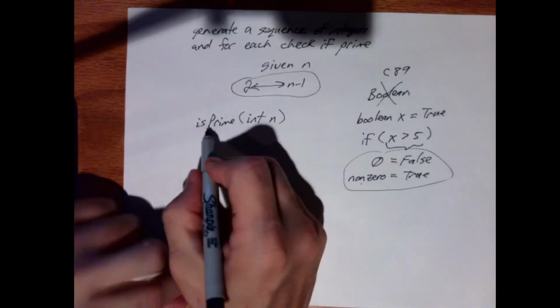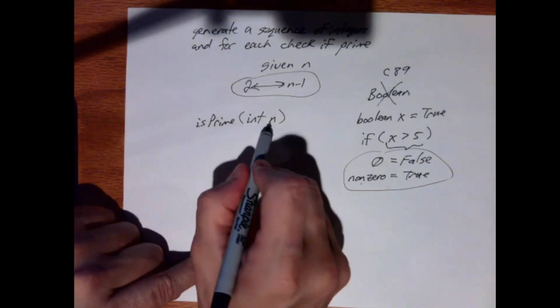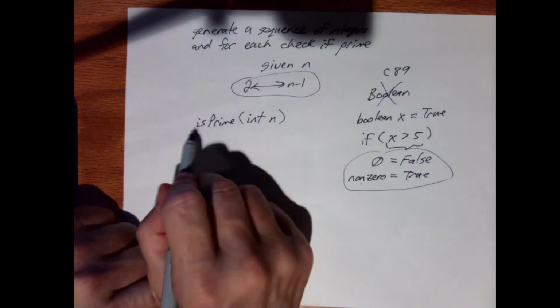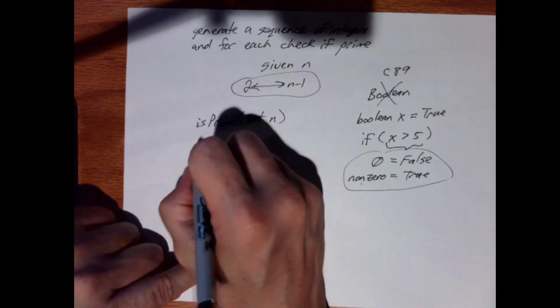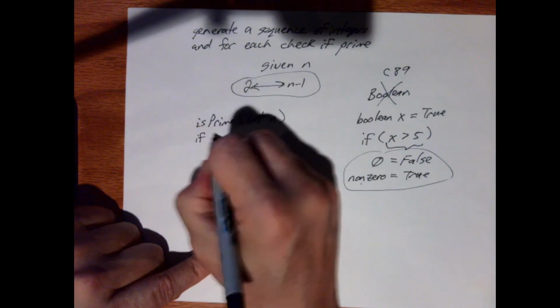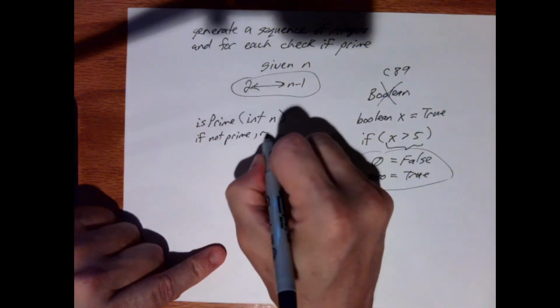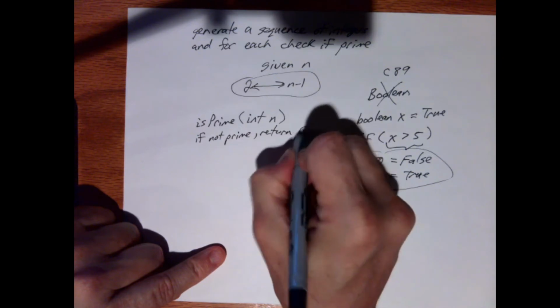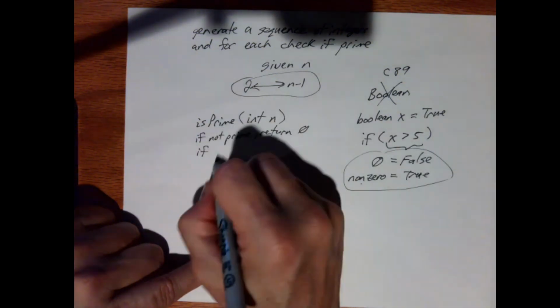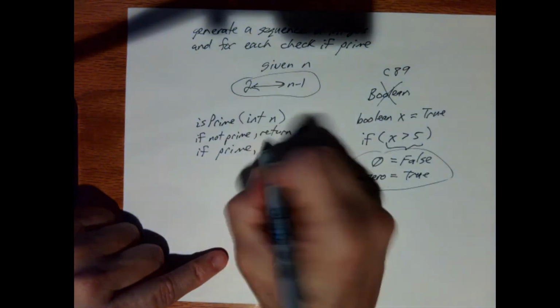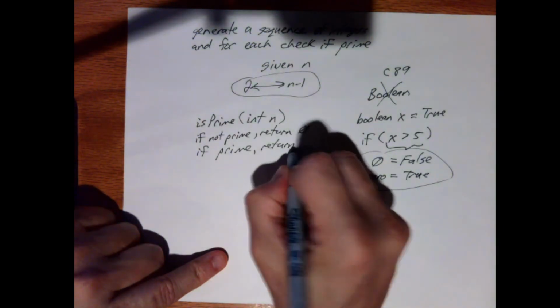So what I'm going to do in my function is that if it finds out n is not prime, return 0. If not prime, return 0, and if prime, return 1.